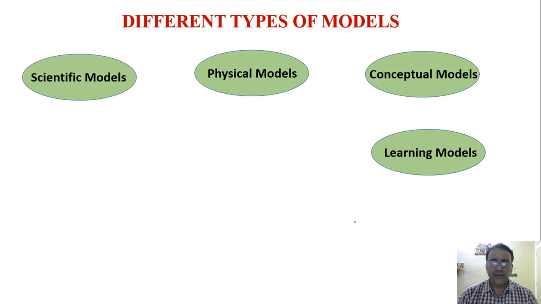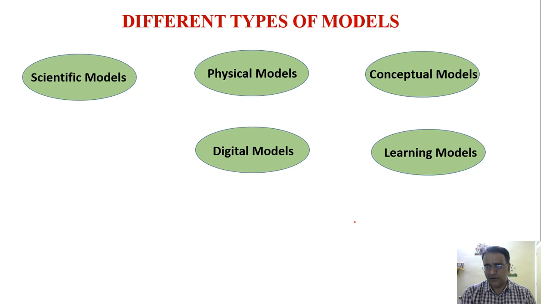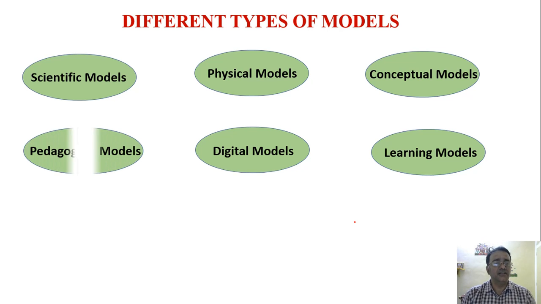And the next one, which is very important, is the digital model. Nowadays, it is very useful for us also for taking online classes. A digital model is the process of creating a computer model of an object that exactly replicates the form of the object. Now, let us move towards the next type, pedagogical models.